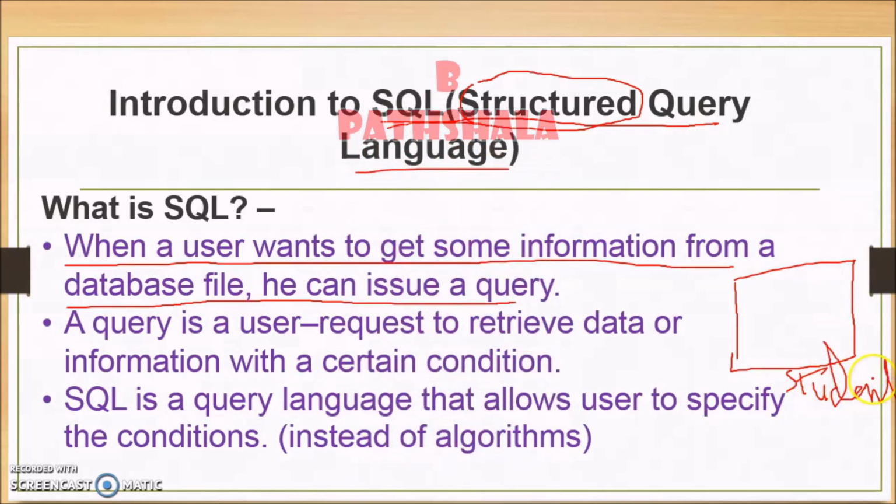So this database student consists of some records. Always remember that a database contains the data in the form of tables. ठीक है, और tables होते हैं, it is a collection of rows and columns. So suppose this is a database consisting of a table student.